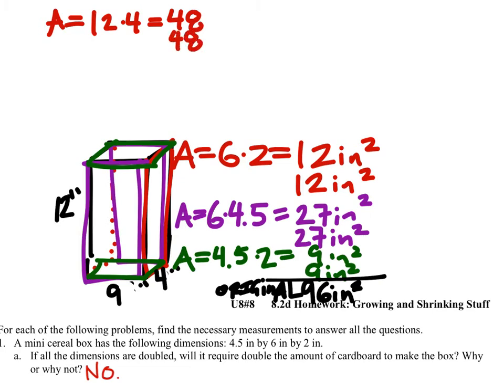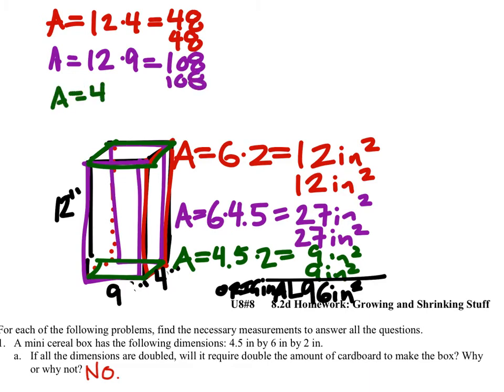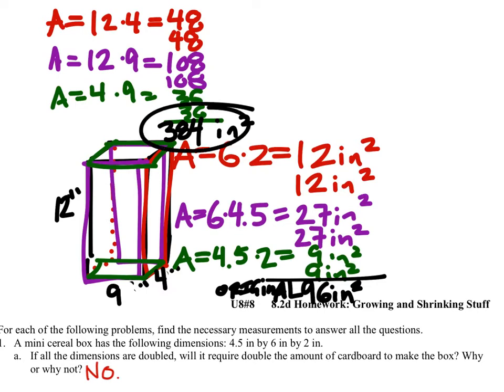Then the purple ones, which are 12 by 9, which is 108, and we have 2 of those. Next is the area of the green, which is a 4 by 9, which is 36. When I add all those together, that will tell me how many square inches of the bigger box we need. That's 384 square inches, which should be 4 times the 96.